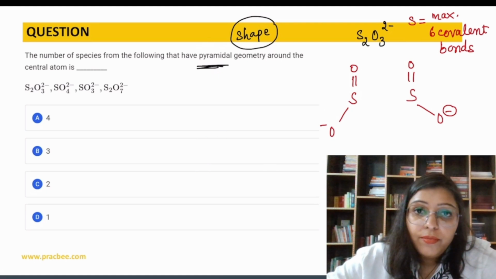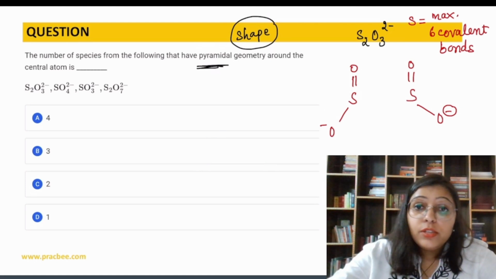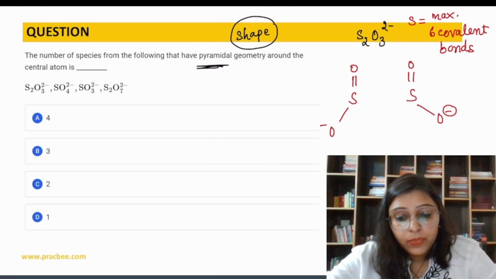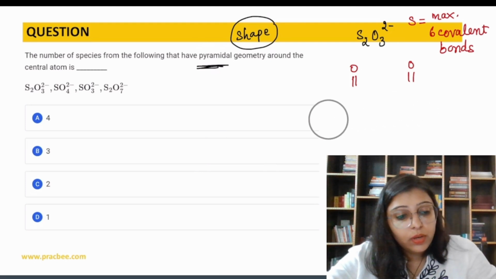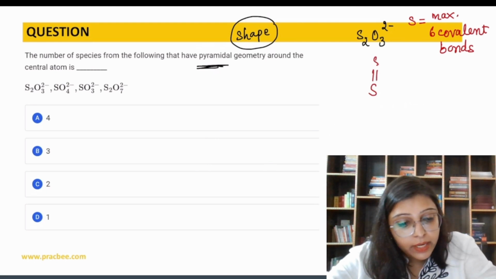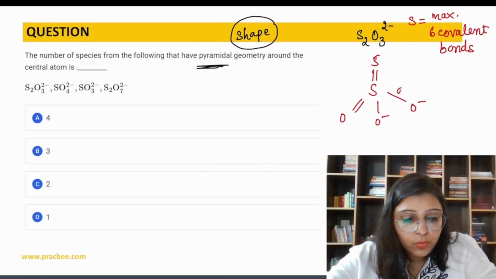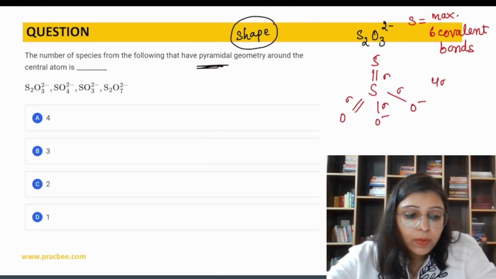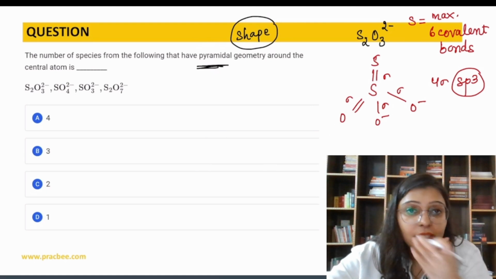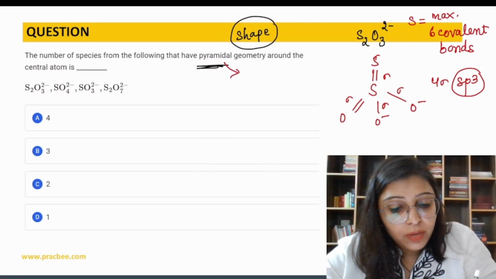This is S2O3 2 minus, the thiosulfate, so one oxygen is replaced by a double-bonded S. How many sigma bonds? 1, 2, 3, 4. So 4 sigma bonds means sp3, which means tetrahedral because all are bonds and we do not have any lone pair. For pyramidal, we should have 3 bond pairs plus 1 lone pair.